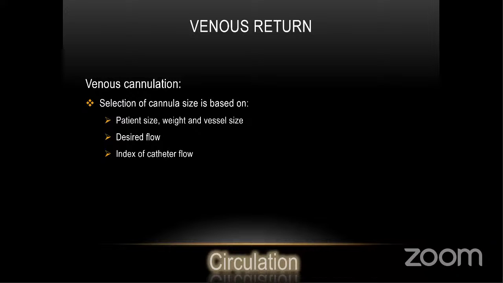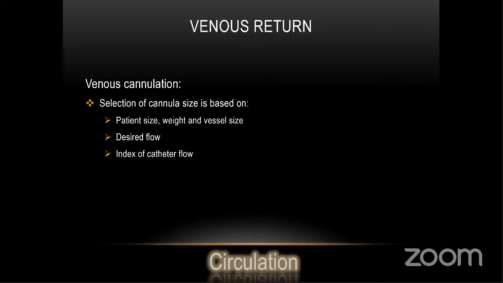Selection of cannula size is based on patient size or body surface area, patient weight, and the targeted cannulated vessel size. It is also based on the desired flow through the cardiopulmonary bypass and the index of catheter flow.